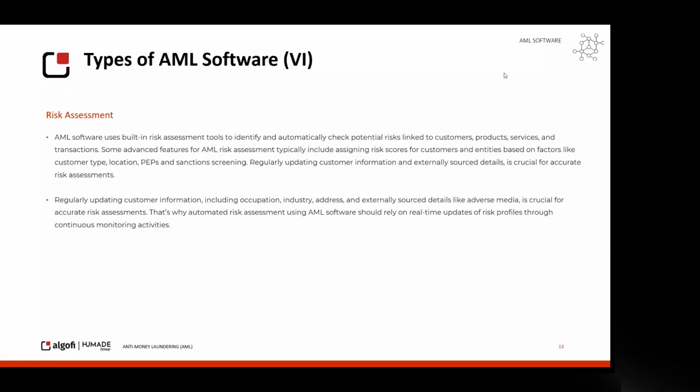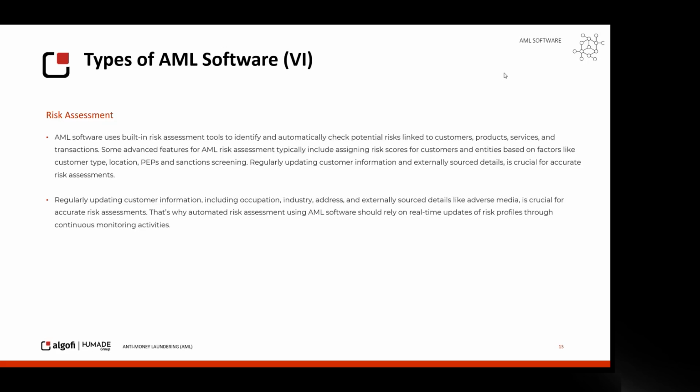The next type of anti-money laundering software is risk assessment. AML software uses built-in risk assessment tools to identify and automatically check potential risk linked to customers, products, services, and transactions.